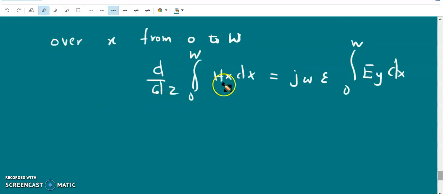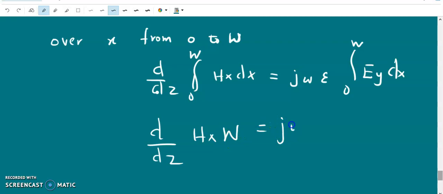Hx is a function of z alone, so we can take d by dz out. Integral dx gives x and applying the limit it is w minus 0, w. j omega epsilon Ey is also independent of x. It's a constant with respect to x, so it can be taken out of the integral, and integral 0 to w dx gives w.